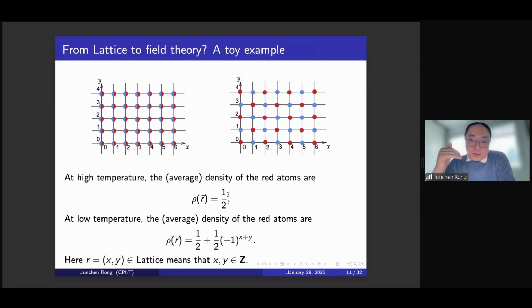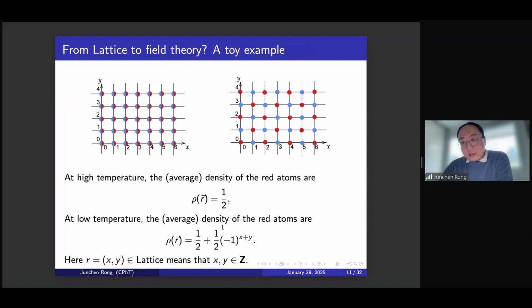As you lower the temperature, you would find the atoms start to form some structure, like a red-blue ordering structure. Then the probability of finding a red atom is given by 1/2 plus a (-1)^(x+y) term, where x is the lattice index in the x direction and y is the index for the y direction.